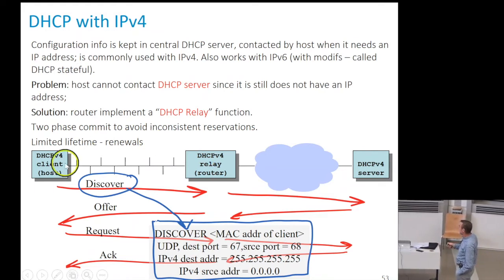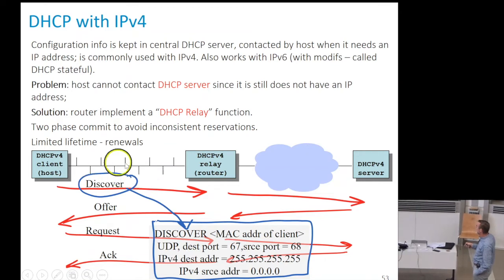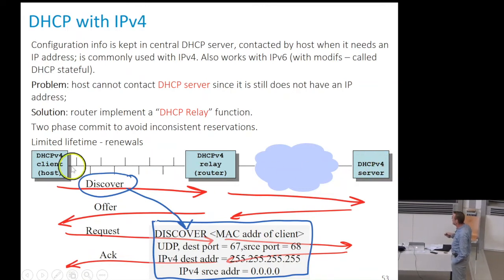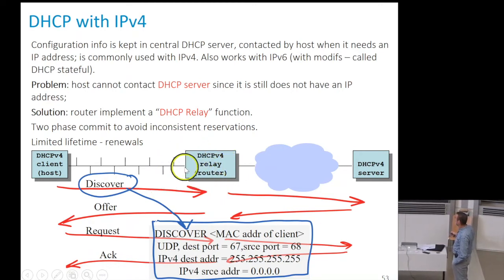So it will receive the request, but instead of replying with the request, it will send the information further away to the DHCP server with information like on which LAN this request was coming. By identifying the IP address of the relay, it's typically done in a router or an Ethernet switch or some other device here.